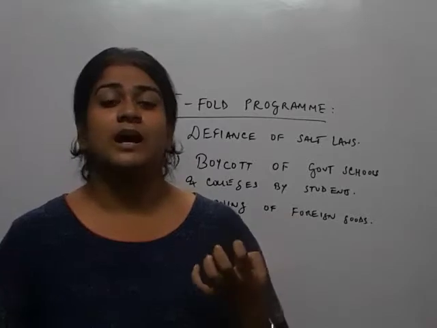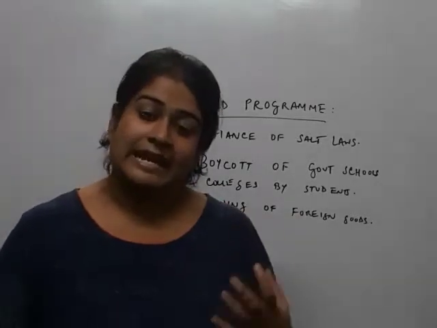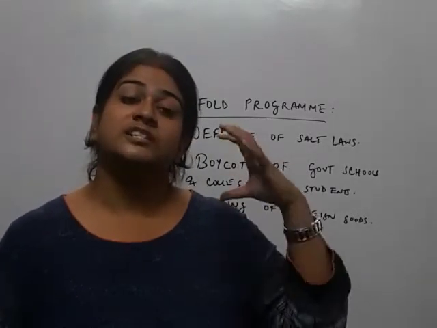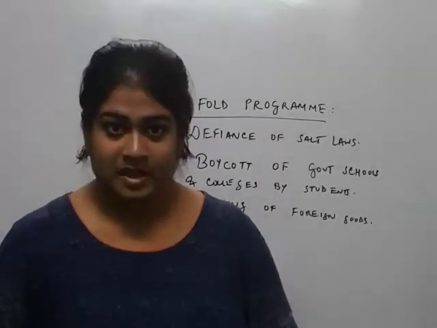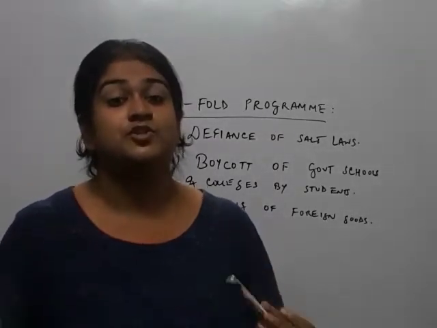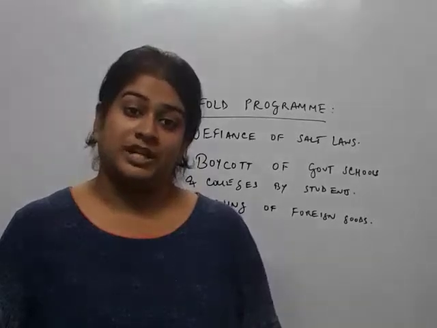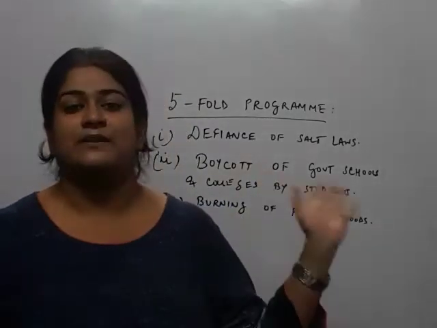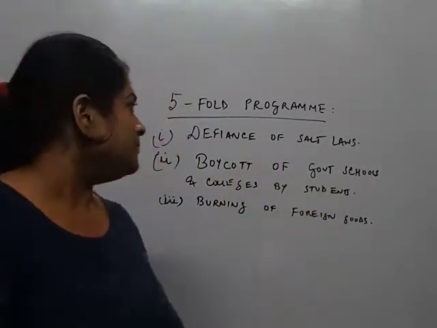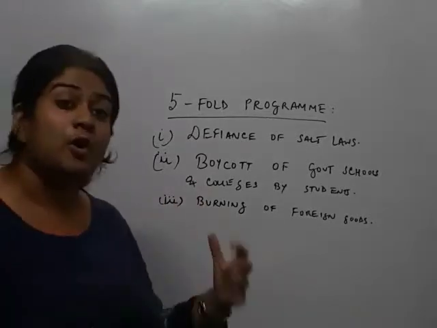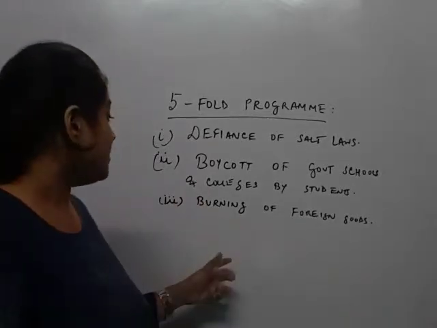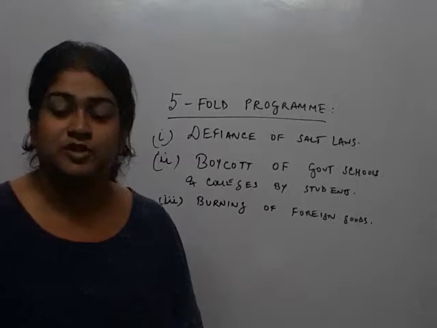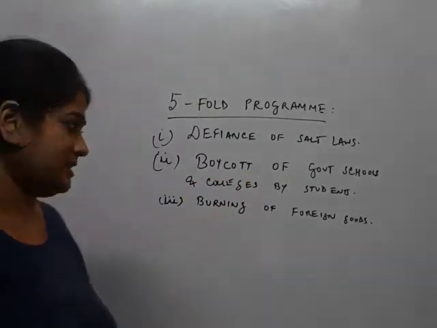Purna Swaraj can be attained if India does not take any goods from the Britishers. So it was necessary for the Indians to promote their own Swadeshi goods and boycott the goods manufactured by the British. The measure of boycotting foreign goods was to burn the foreign goods which were being sold in the market.